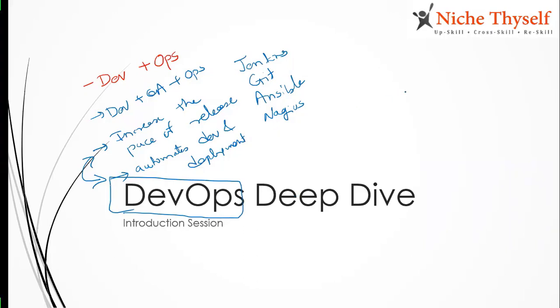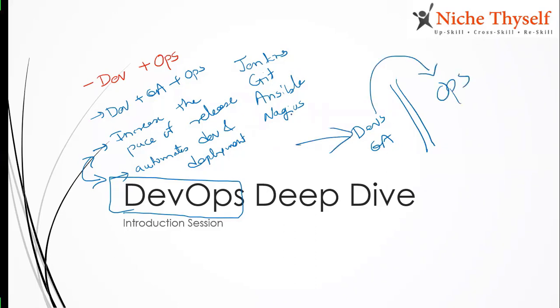What happens otherwise in the industry is devs and QAs are doing development and testing. Once they feel the software is good to go, they throw the software to ops and then they go home, right? Make a release. Our job is done. It is tested. It is ready to go. Throw the release to the operations team.